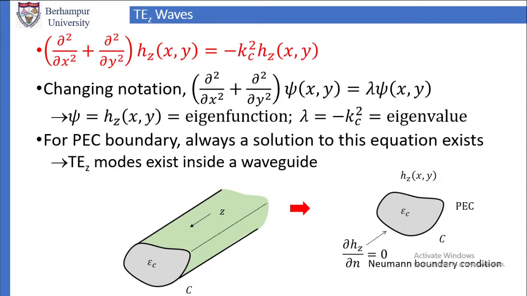And as you know, from H, you can find out E by differentiating H, because del cross H is related to E. From Maxwell's equation, because del cross is a differential operator, by differentiating H we can find out E, and E is 0. So ∂H/∂n is equal to 0 here.